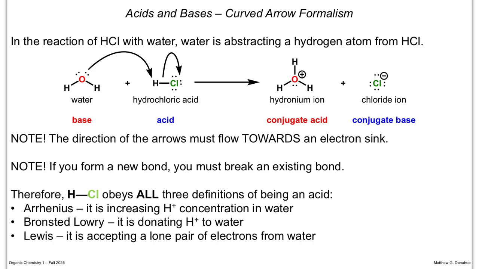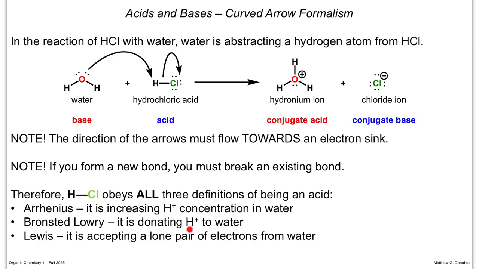Just to highlight here, notice that HCl obeys all the definitions of an acid. It does increase the proton concentration in water. So we write hydronium like that, H3O+, but you can think of it as a hydrated proton.